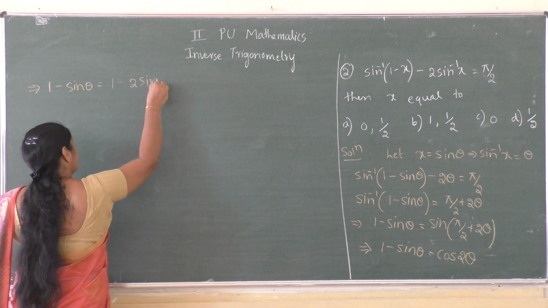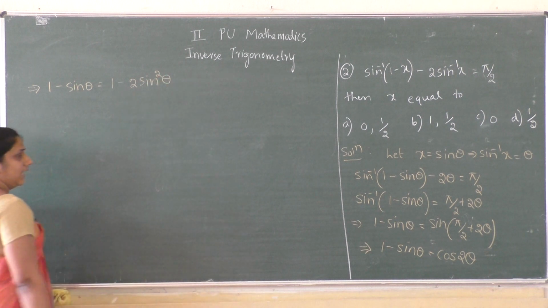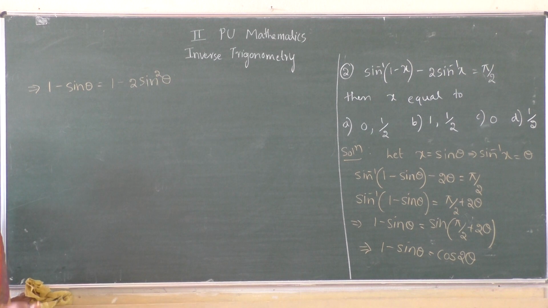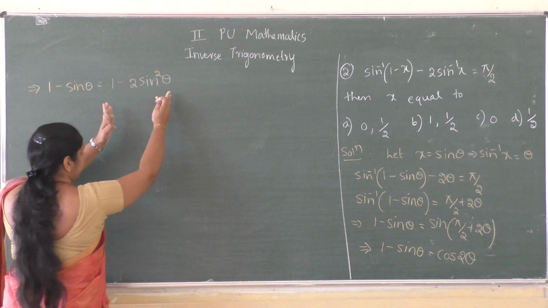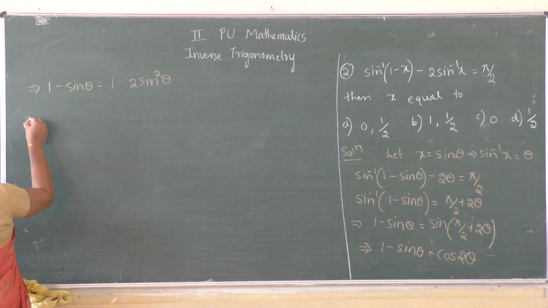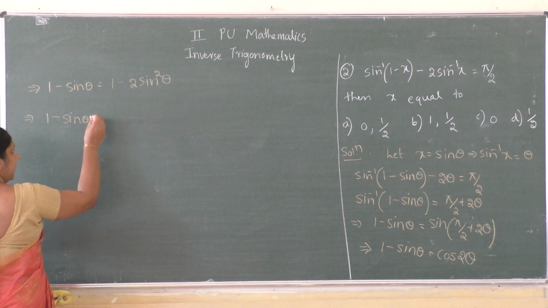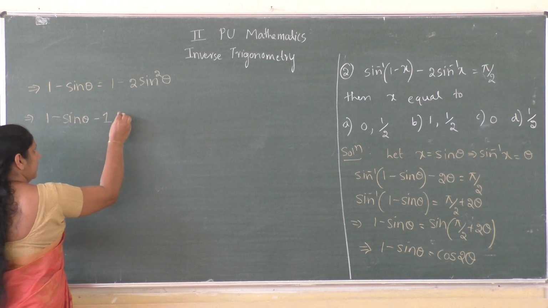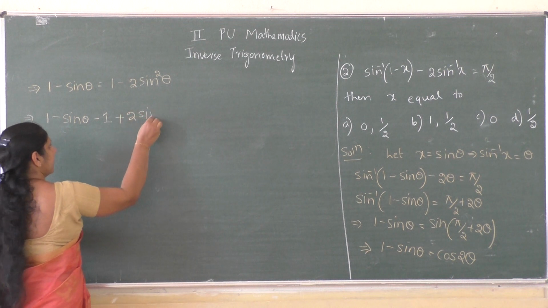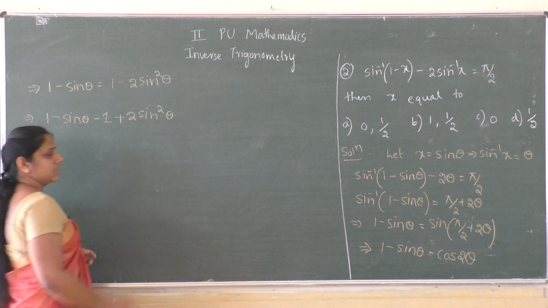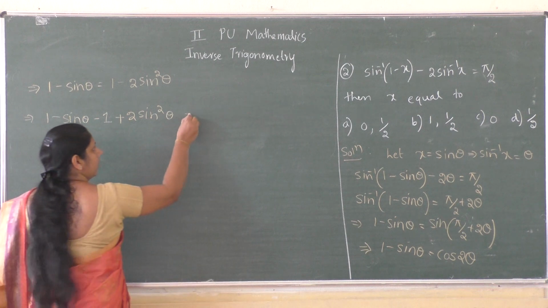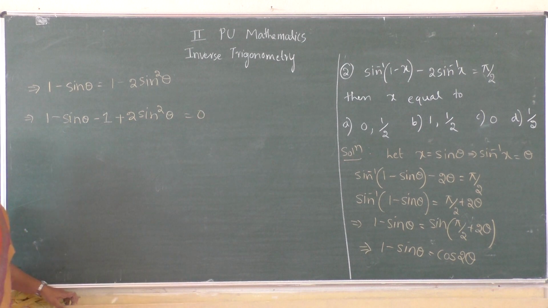It is 1 minus 2 sine square theta. Now we will rearrange this. Take all the right hand terms to the left hand side, that is 1 minus sine theta, this one becomes minus 1 and plus 2 sine square theta, which is equal to 0. Now we will simplify.